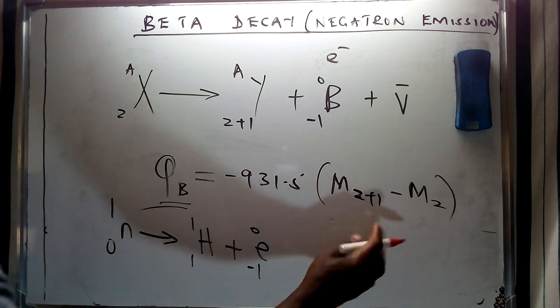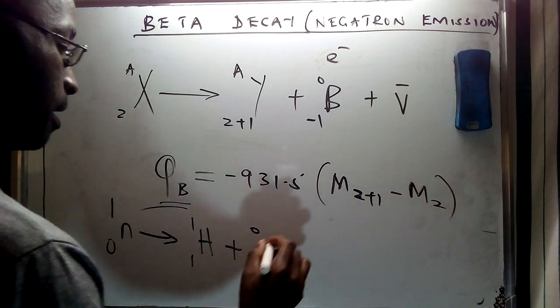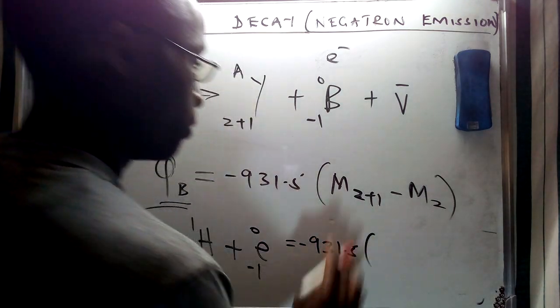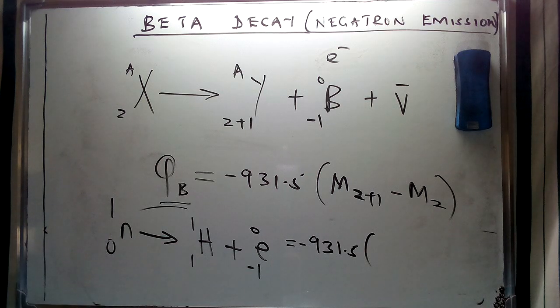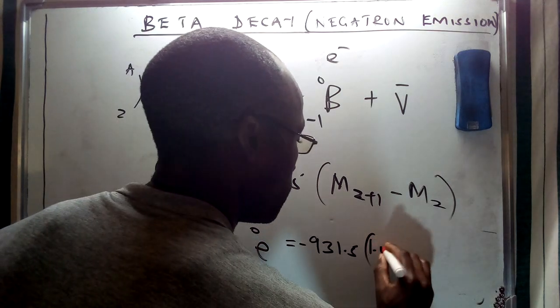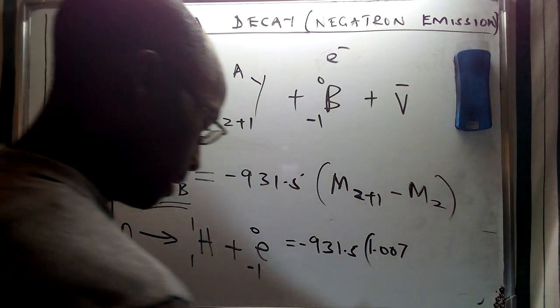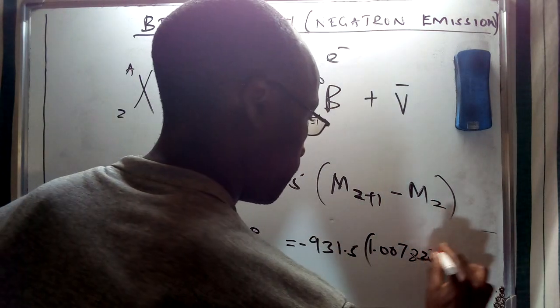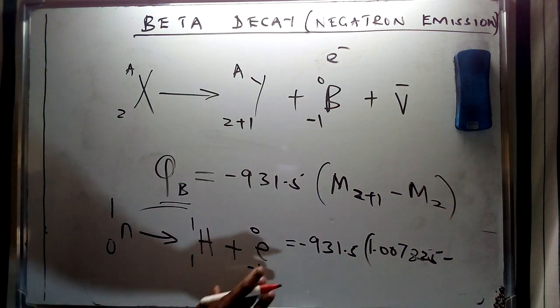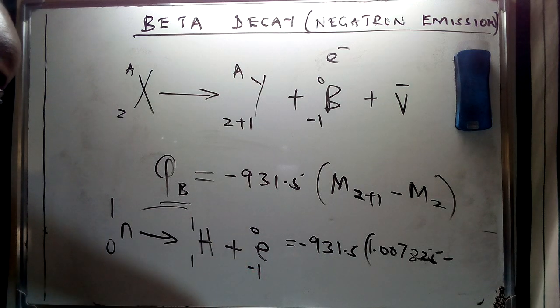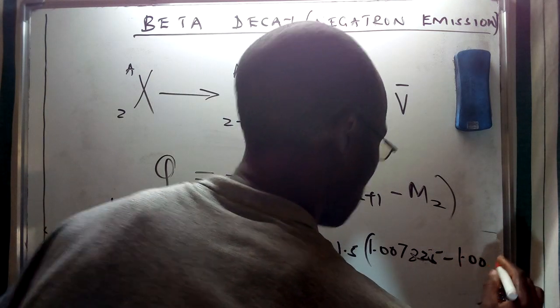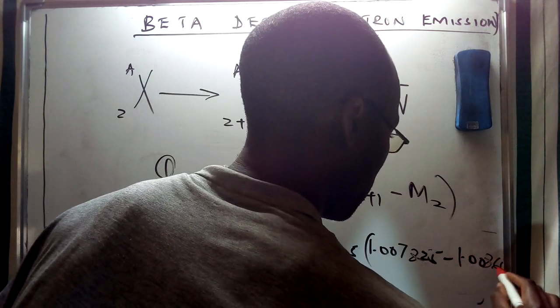We give the conversion factor as 931.5, and then the mass of the proton, which is going to be 1.00785825, minus the mass of the neutron, 1.008665.